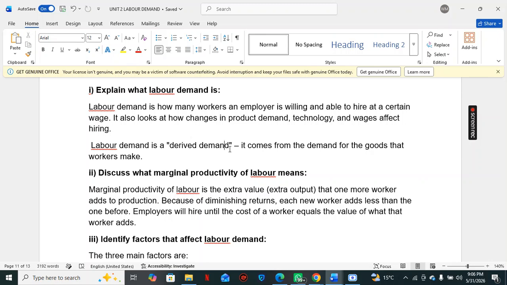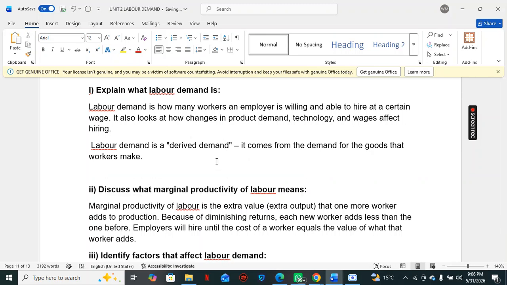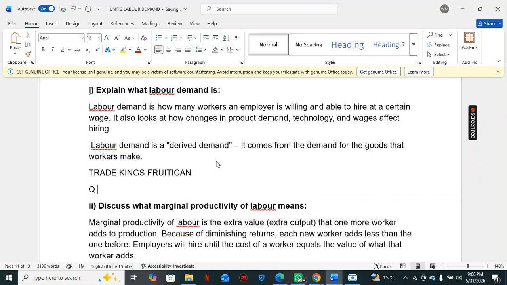If they gain more customers, let's say for example, Fruticana, I think it's Trade Kings that makes Fruticana. If the demand currently is 100,000 units, and they've got 100,000 customers, this is how much they're producing, 100,000 units.